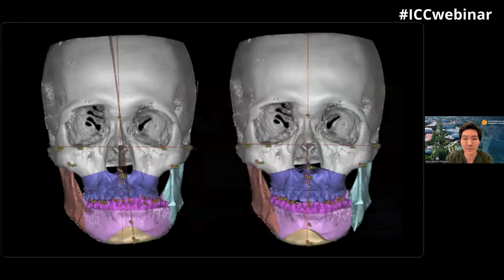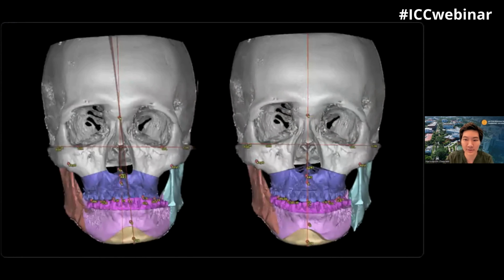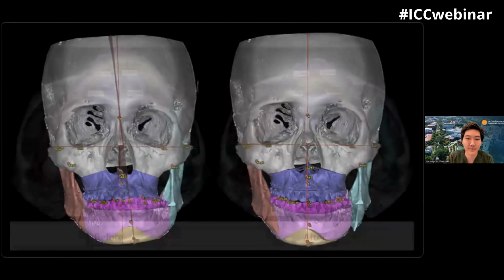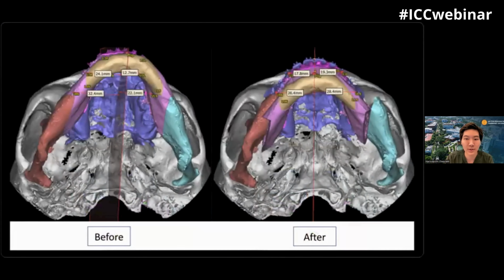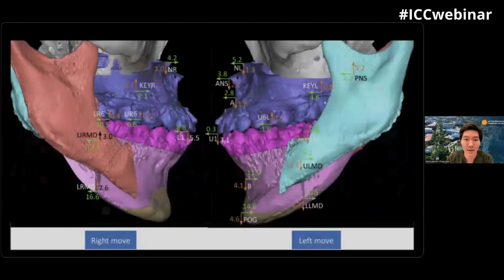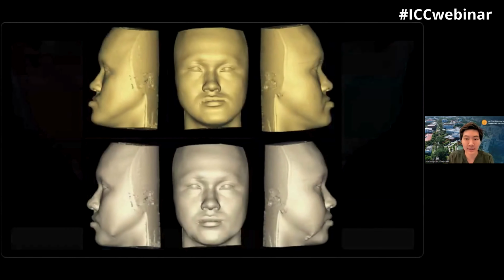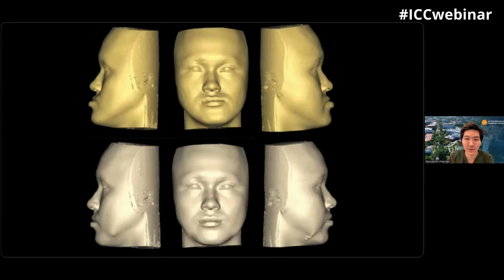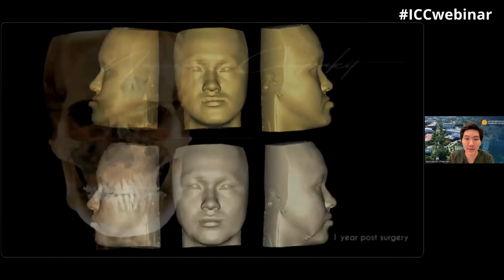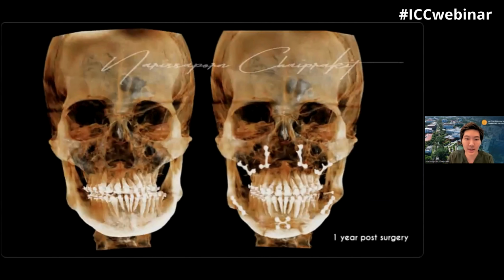This is an example of a skeletal Class 3 case with facial asymmetry. The submental vertex view shows large bone interference on both sides, and also a large amount of mandibular setback. This is the soft tissue projection of the surgical planning. And this is the result after two-jaw surgery with the NM-LowZ technique.